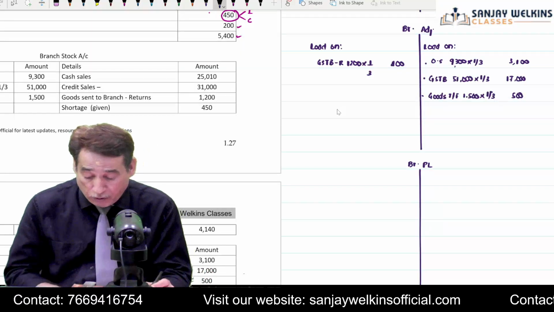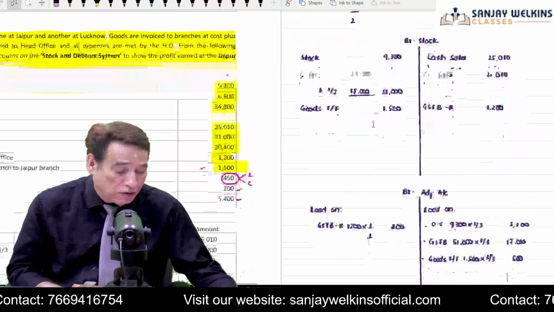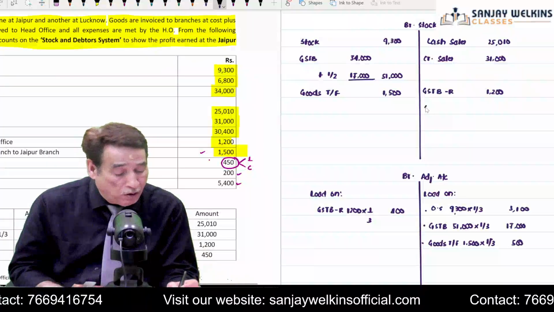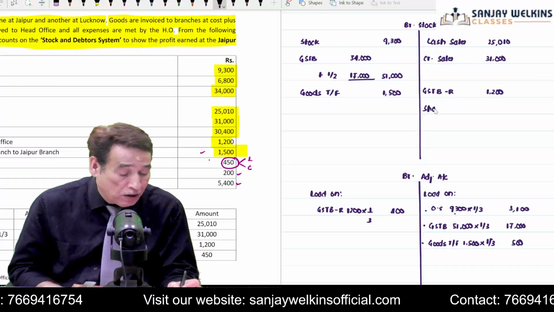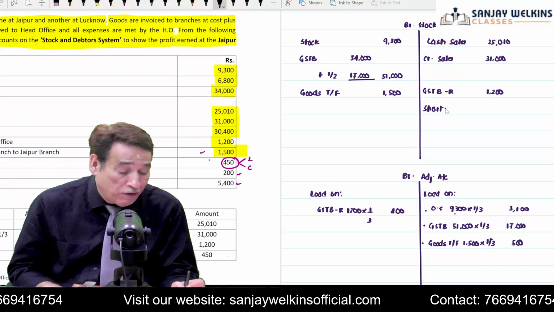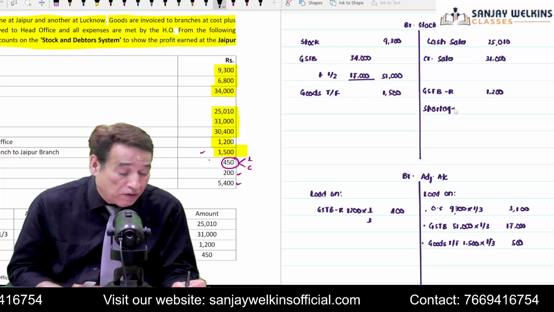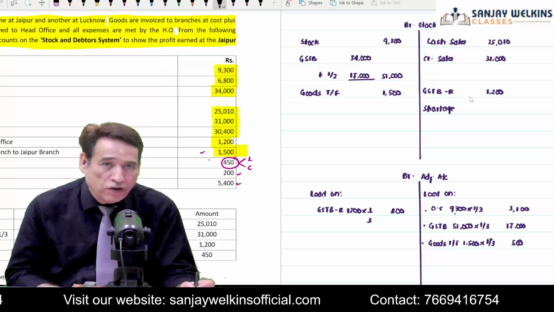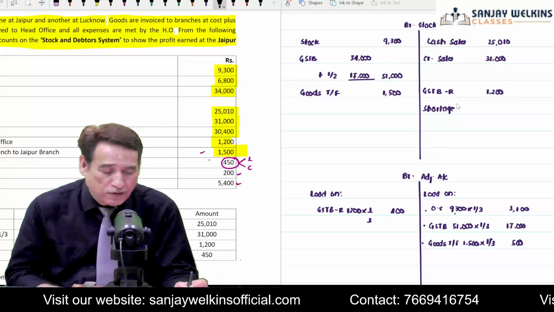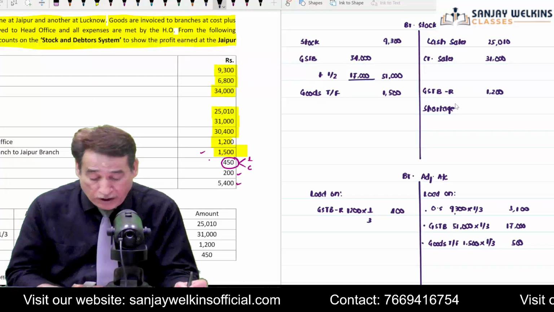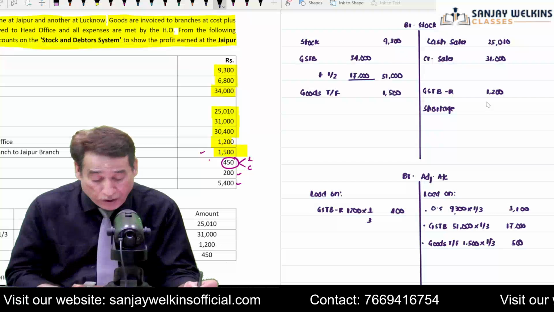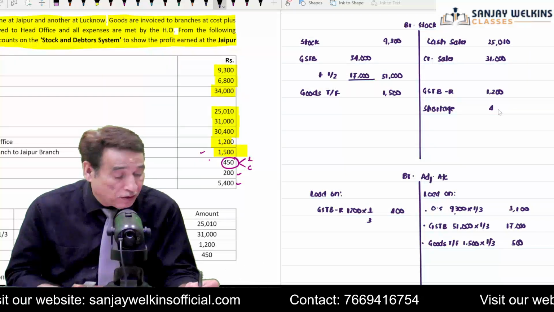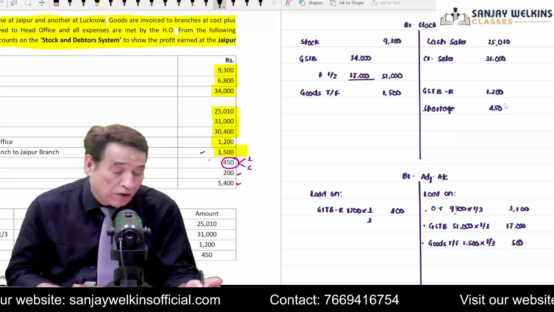Then in this particular case, shortage of stock is already given. Shortage or deficiency are one and the same thing. Generally, when we get a balancing figure on the credit side, it is considered as deficiency or shortage. But sometimes in the question it is given. So shortage you are being given. It is also known as deficiency. Shortage is 450. The treatment is similar to abnormal loss. Correct?